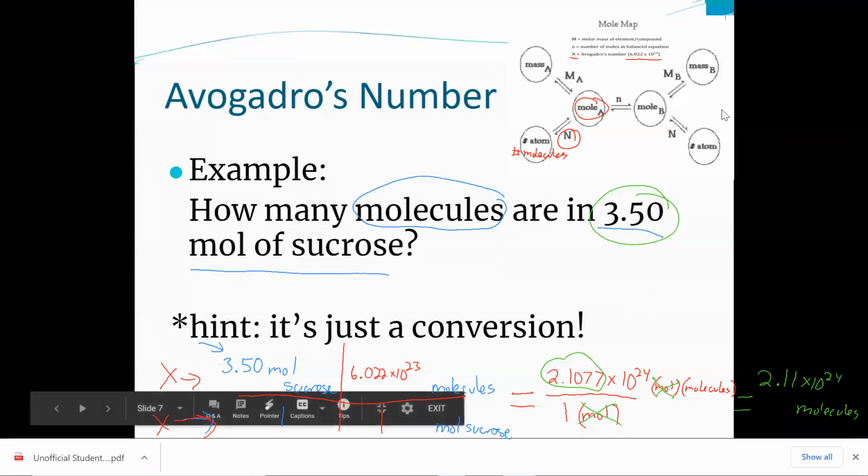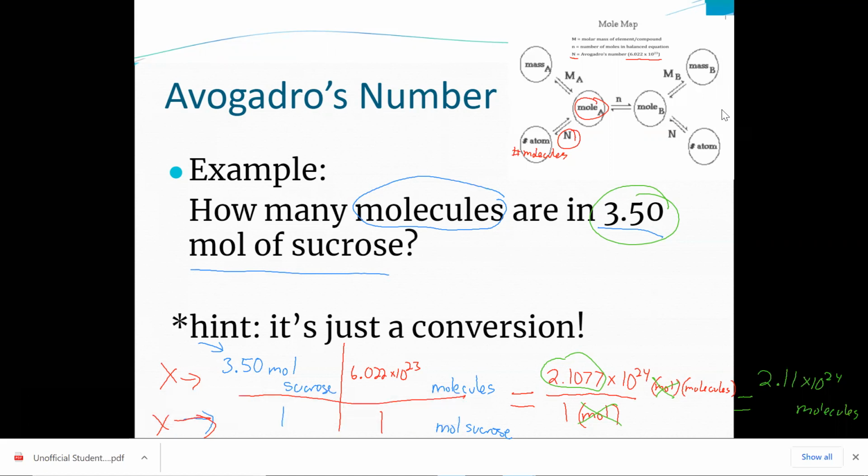So we have just done a conversion from moles to molecules using 1 mole equals 6.022 times 10 to the 23rd molecules or particles or atoms as our conversion factor.